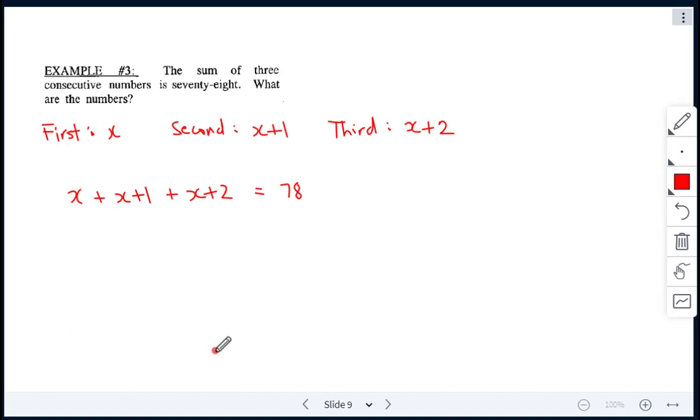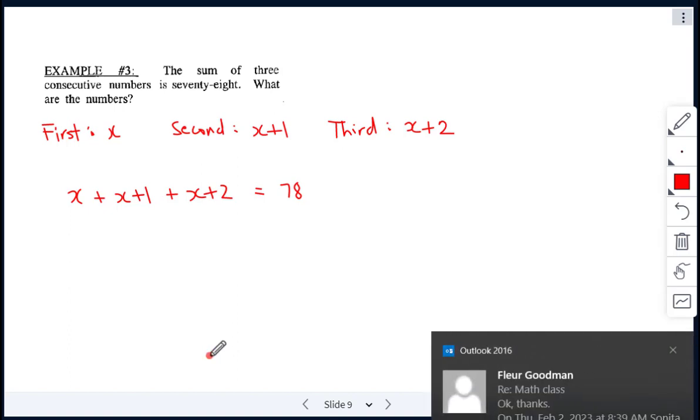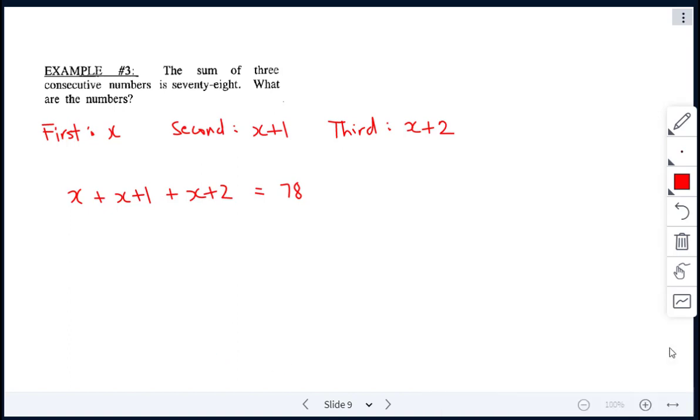All right, so now you can collect like terms. So we would collect x, x, and x together. So that gives me 3x. And then we have the 1 and the 2 there. So 3x plus 3 is equal to 78.